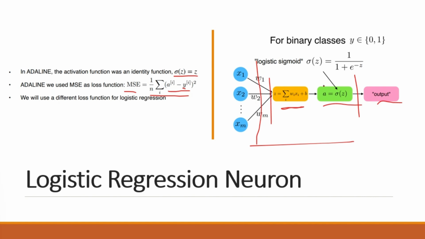So one difference is that we now use this logistic sigmoid function instead of the identity function. In Adaline, again, we had just the identity function: input z and output z. Now we have this nonlinear function. I will show you in the next slides how it looks. And another difference between logistic regression and Adaline is that now we have a different loss function.